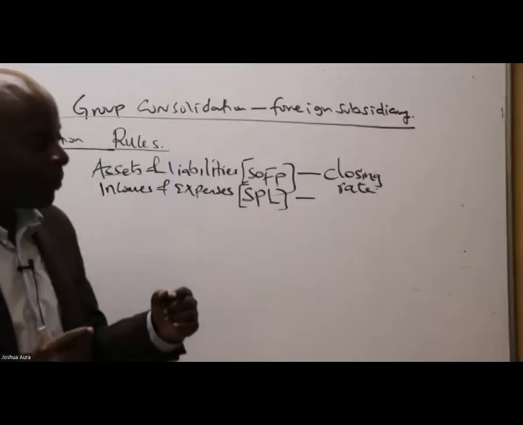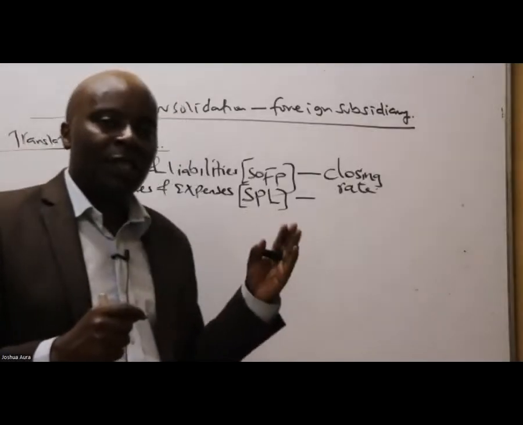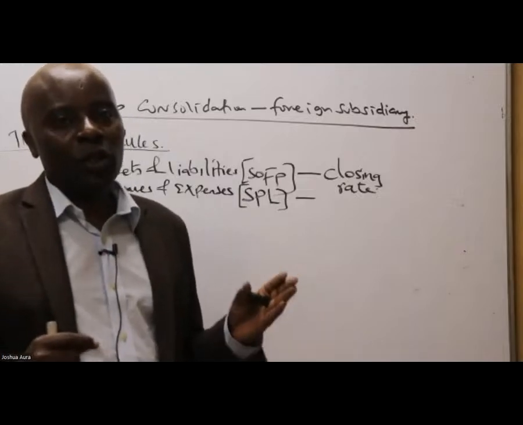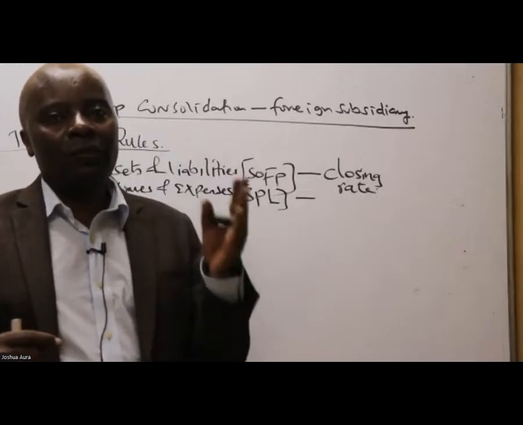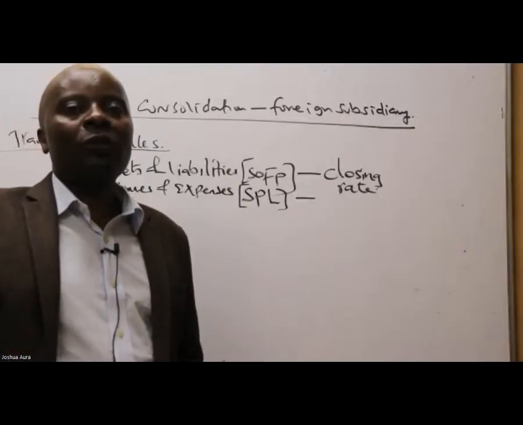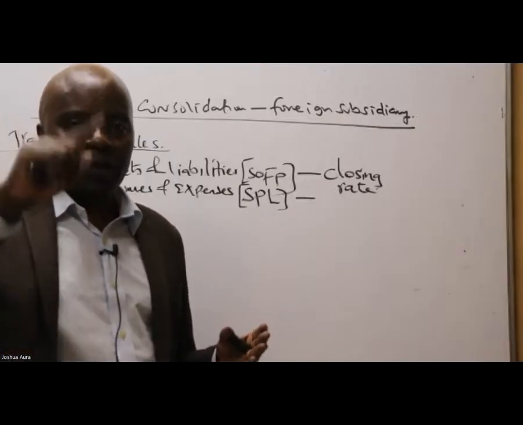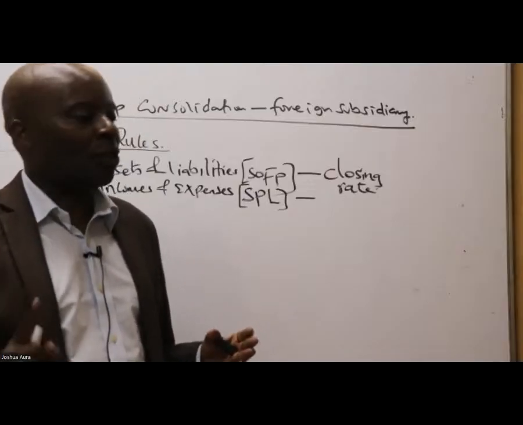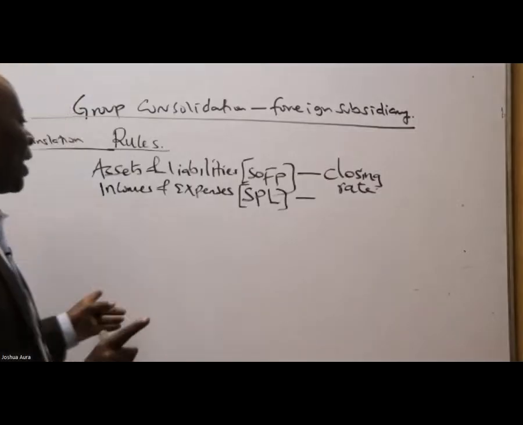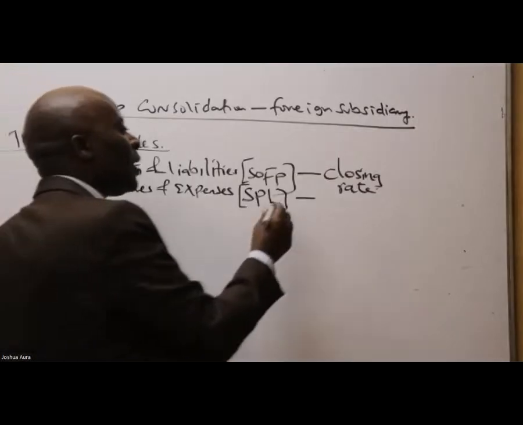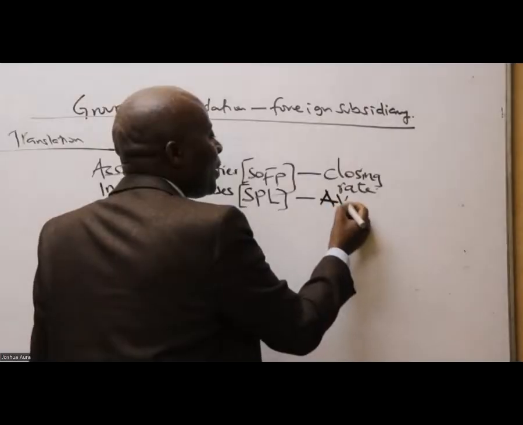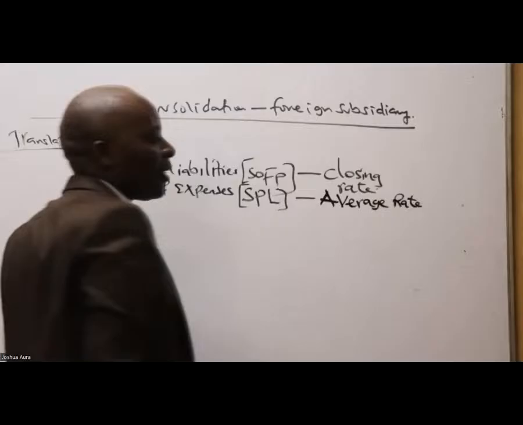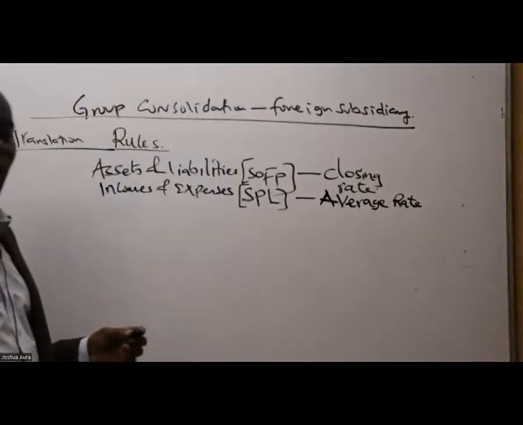You'll be getting, ladies and gentlemen, like sales revenue coming to us on the 1st of January, sales revenue coming to us on the 5th of January, on the 12th of December, etc. So over the whole year, we have what we call transactions. So always, incomes and expenses, we shall be translating them using the average rate. Using the average rate.